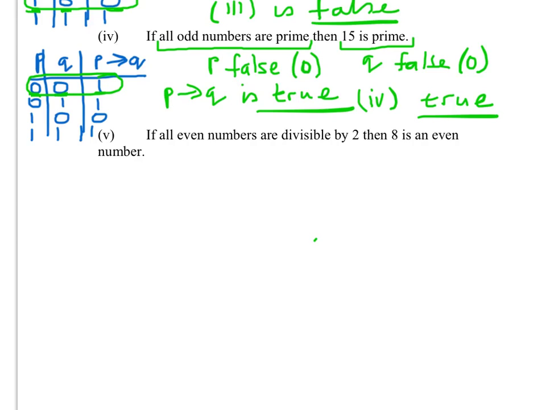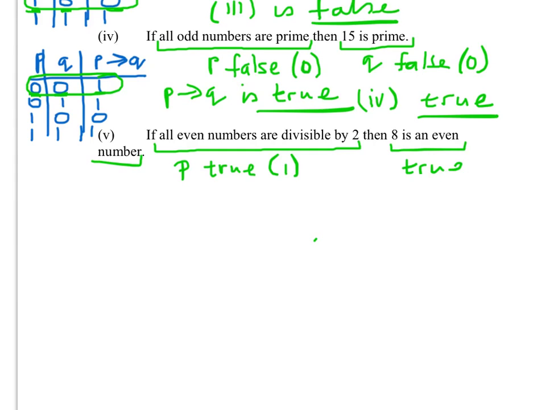Now if we do exactly the same for part 5, we'll identify all even numbers are divisible by 2 as being proposition P, and all even numbers are divisible by 2, so that's a true statement, or it has a truth value of 1. 8 is an even number, that again is true, and we'll call it proposition Q, and it'll be given a truth value of 1.